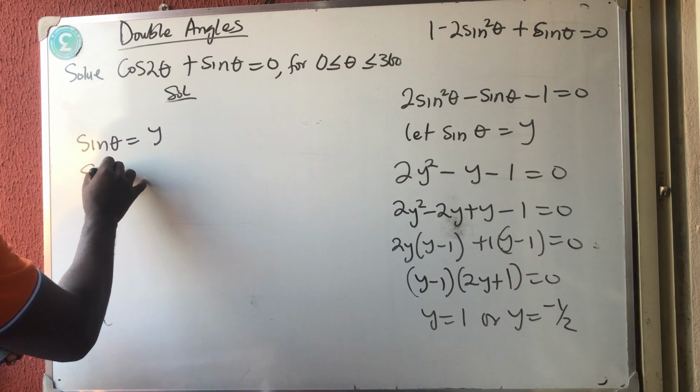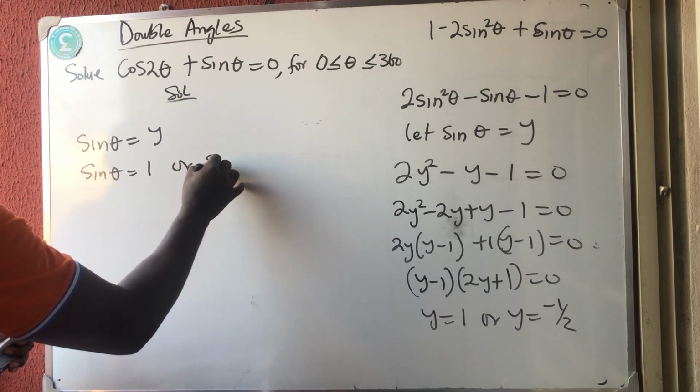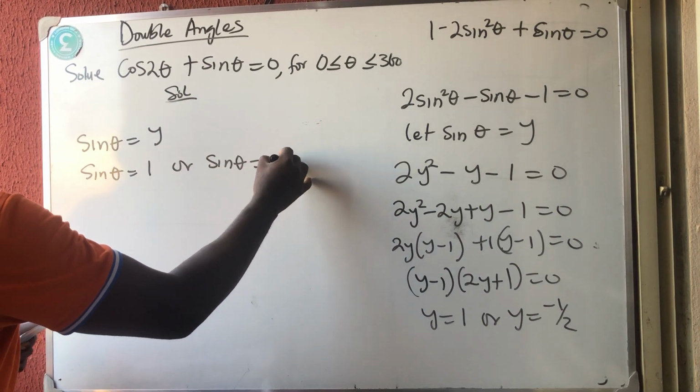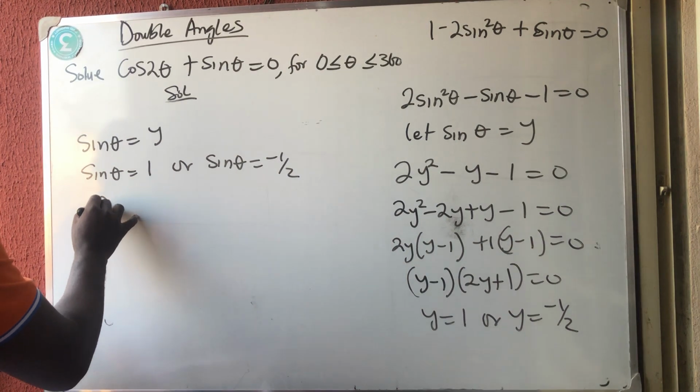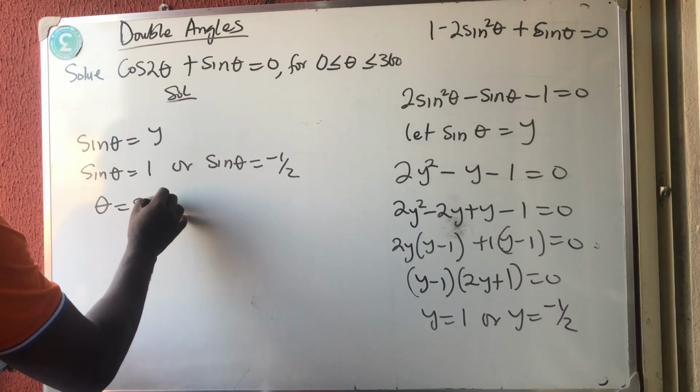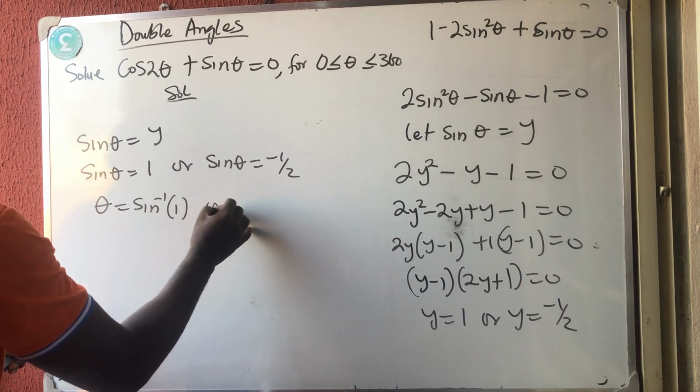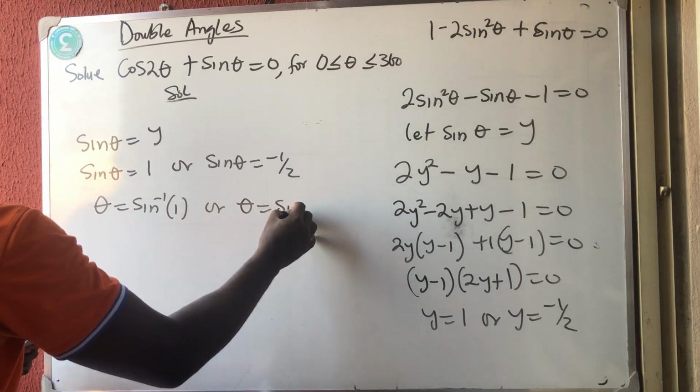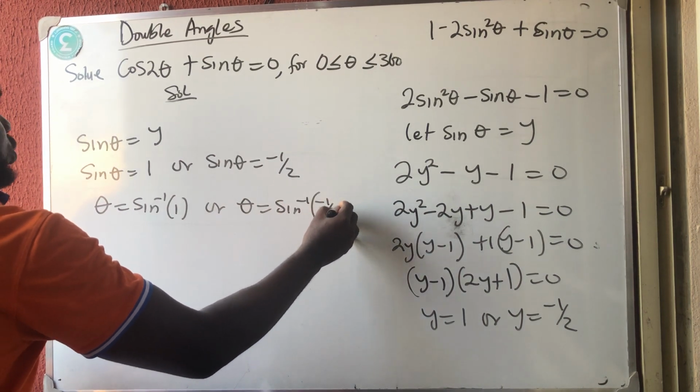So sine theta is equal to 1, or sine theta is equal to minus 1 over 2. So therefore theta will now be sine inverse of 1, or theta is equal to sine inverse of minus 1 over 2.